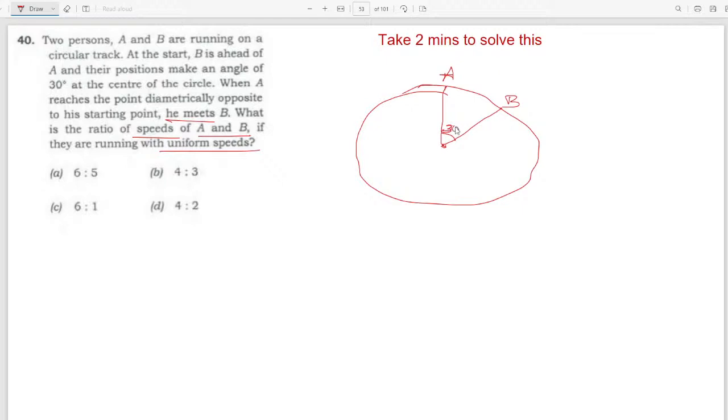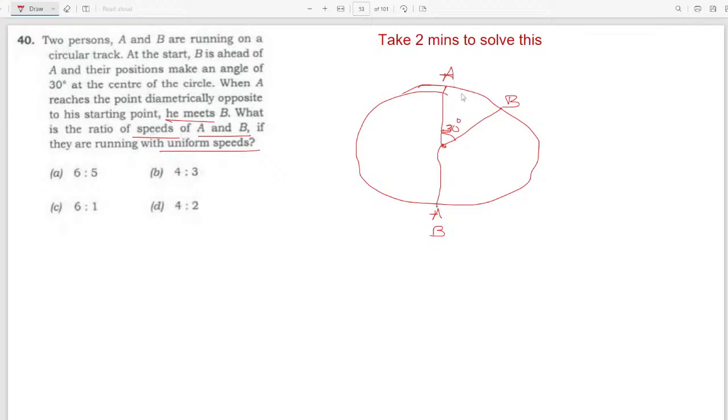When A reaches the point diametrically opposite to his starting point, so this point diametrically opposite is like this, now A would reach here, he meets B. So B is also here. So what is the ratio of the speeds of A and B?